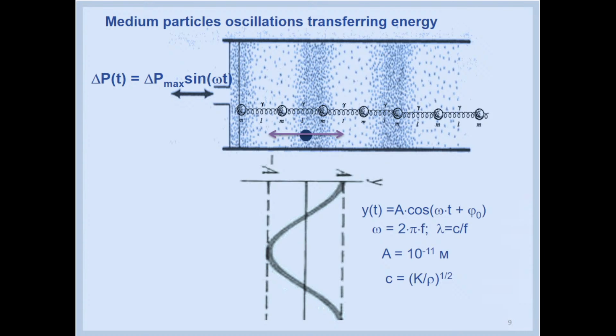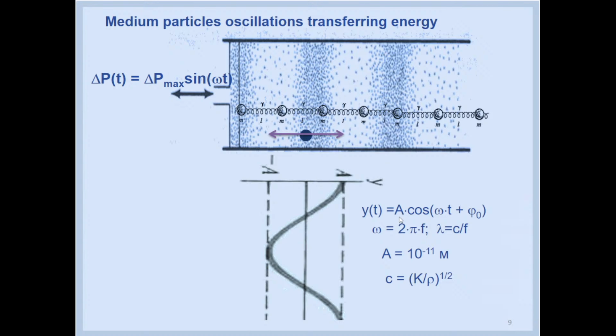And look, as in any situation of mechanical motion, we can write down the motion equation of the oscillation. This is the dependence on the coordinate, in this case the y coordinate axis was chosen, and the change with time of the y coordinate.